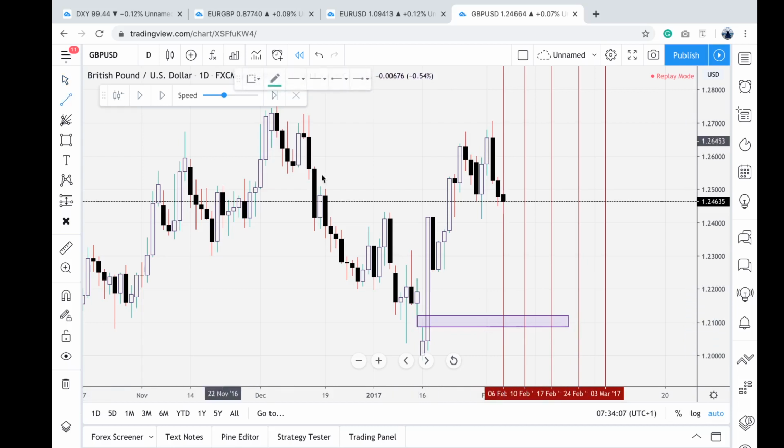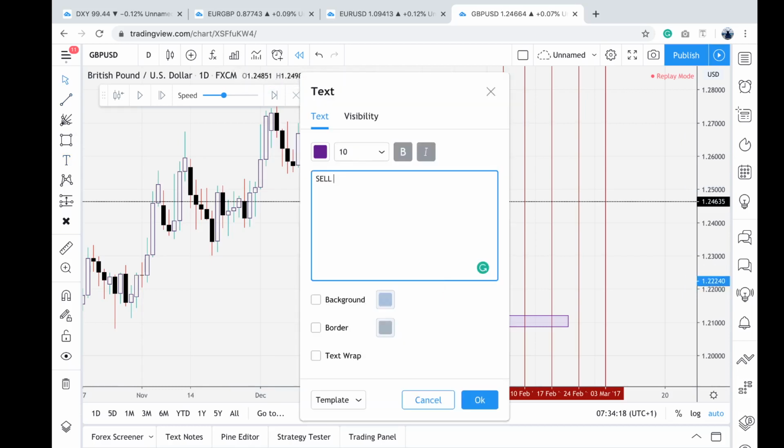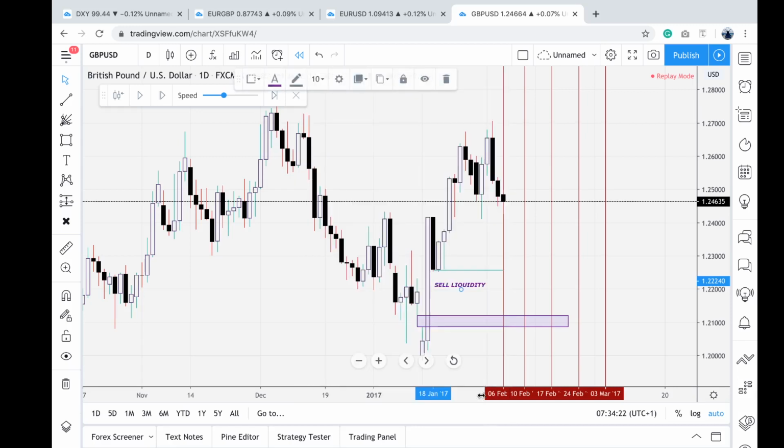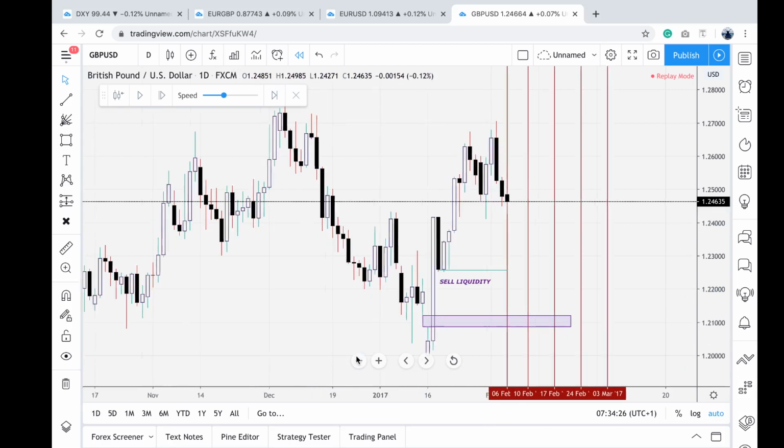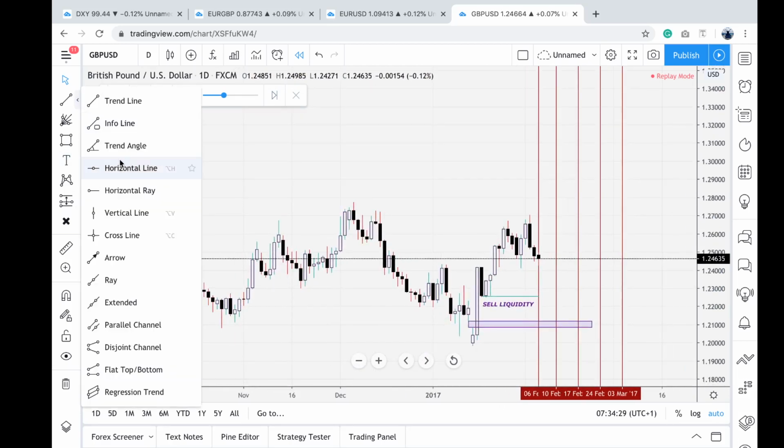And your sell side liquidity is resting off these very clean levels. So you can label this sell liquidity. All right, so sell liquidity rests off that level, and buy liquidity rests at the top of this range.